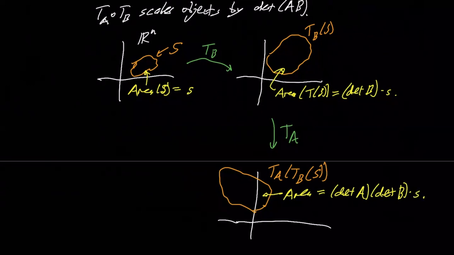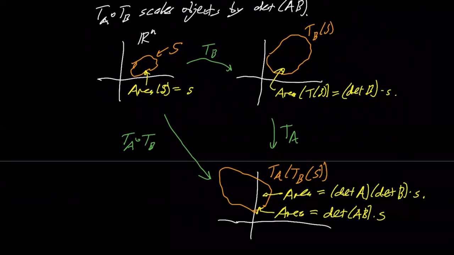On the other hand, if we think about doing the transformation directly, T sub A composed with T sub B, we know that A times B is the matrix for T sub A composed with T sub B. So that scales the area of S by the determinant of AB.